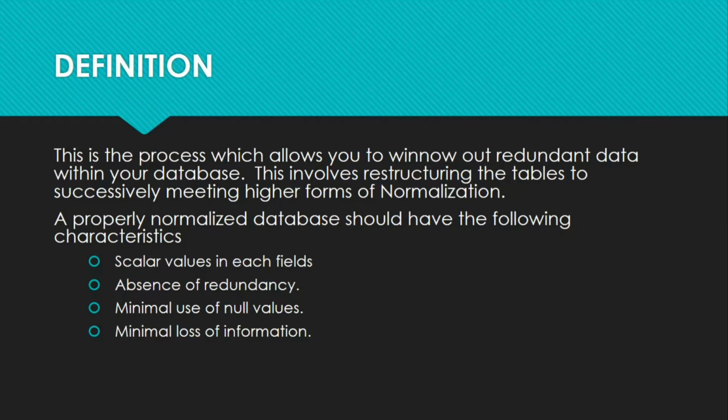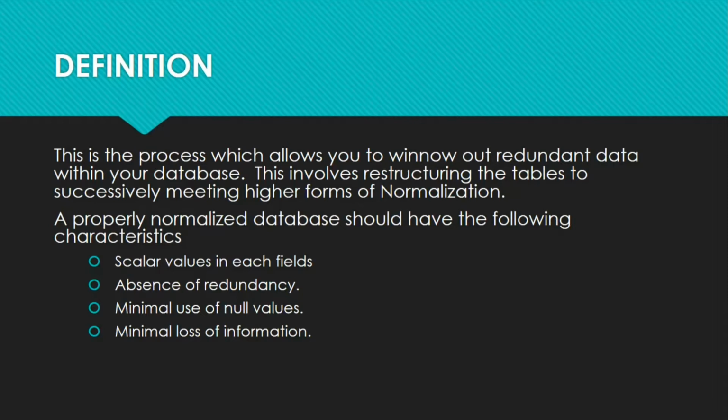So we do normalization to get rid of redundant data, the data that is continuously repeating, and the null values. We have null values in our data because of combined data, and when we want to delete one particular thing, we delete all of the information of that particular column.